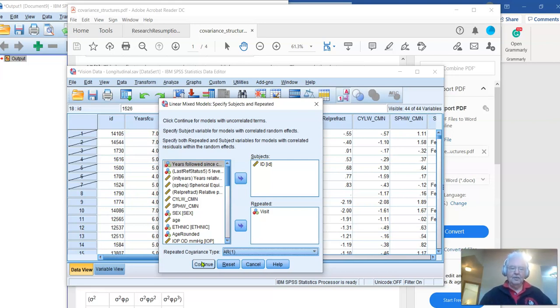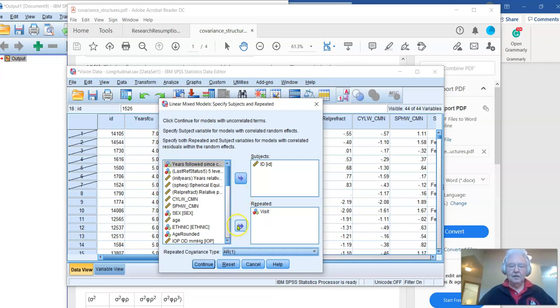But you always have to check if there are any warnings at the beginning of your output, because that's going to tell you if it fails to converge. And if the program fails to converge, the output is useless. We have to pick a covariance structure that converges, and that means that it is able to come up with an answer, a minimum or maximum likelihood.